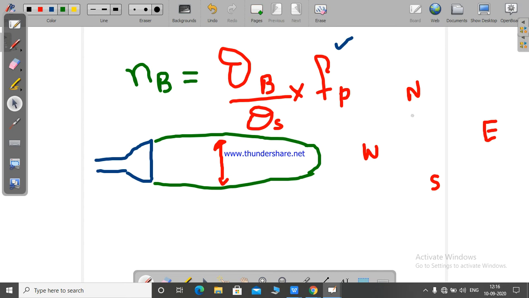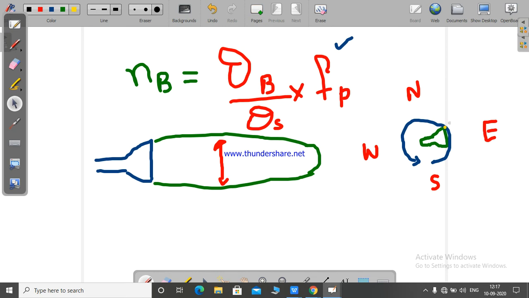To avoid that, we can replace them with a single antenna. Instead of using four or five antennas in the horizontal direction to cover all directions, we can use a single antenna. But we have to rotate this antenna in a horizontal direction, whether clockwise or anti-clockwise, to track the target in all the directions.